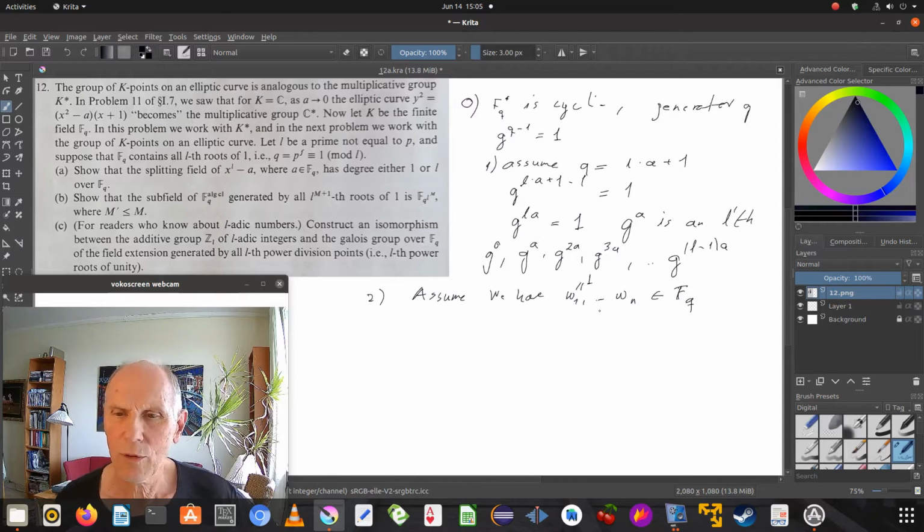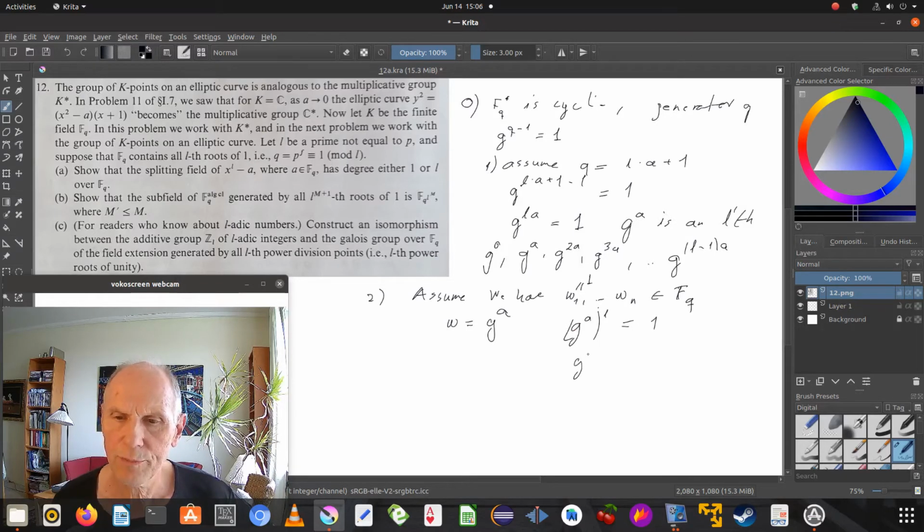And they are all equal to the generator in some power, say A, and that means that when we take it to the nth power, we get unity.